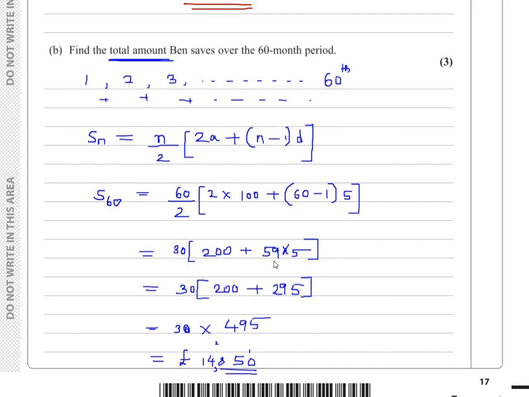Of course, you can use the calculator for finding out the answer. I have not used it here. Anyway, we can use the calculator and verify the answer. So it is going to be 2,200 pounds. This is what he saves over the 16 months.